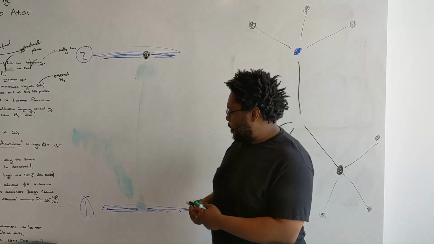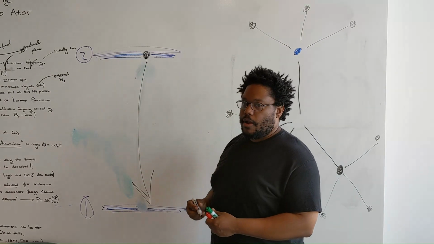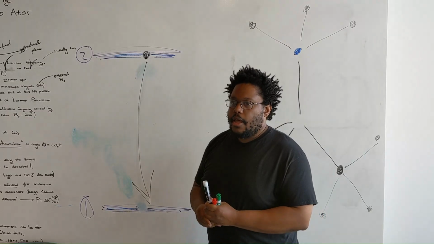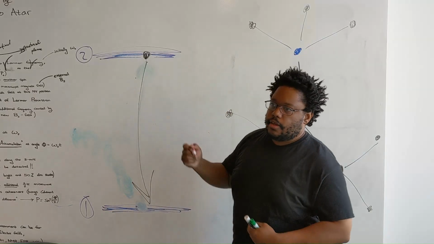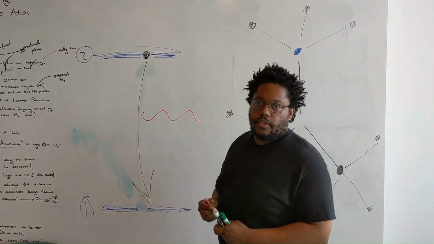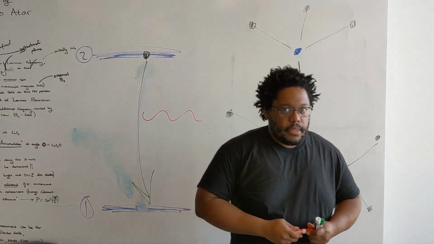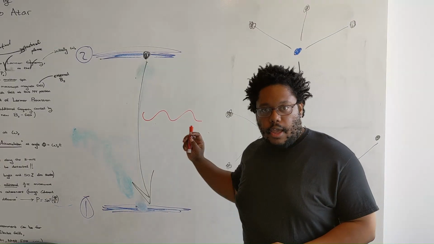So it drops back down to the ground state. And as it comes from this excited state to the ground state, it gives up the energy it had in the form of this red photon, this red light. And that red light is what we detect when we use an NV center as a sensor.